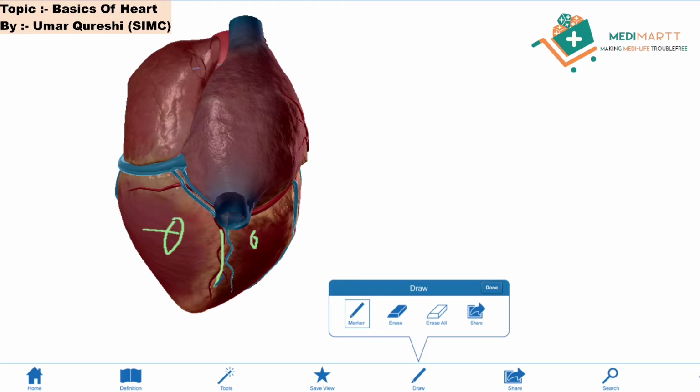This is the posterior interventricular groove. It runs forwards, as you can see, along the surface and meets the inferior incisura apicis cordis. We already discussed in our previous video that there is a notch present, known as the inferior incisura apicis cordis. So this posterior interventricular groove runs forwards and meets at the inferior incisura apicis cordis.